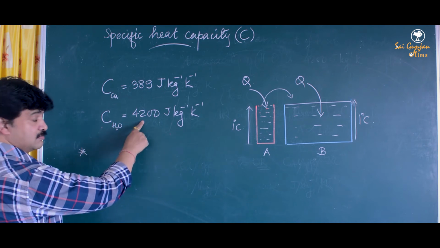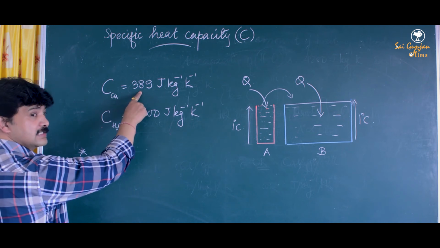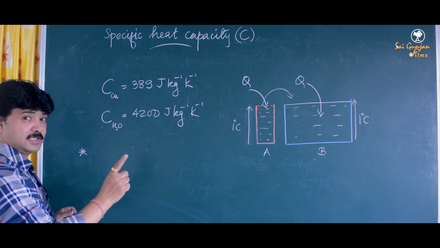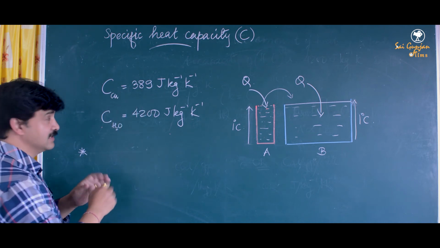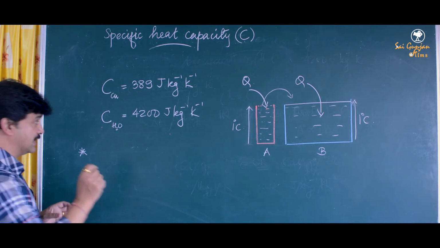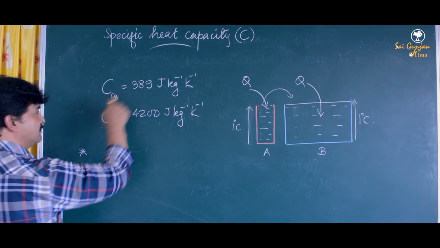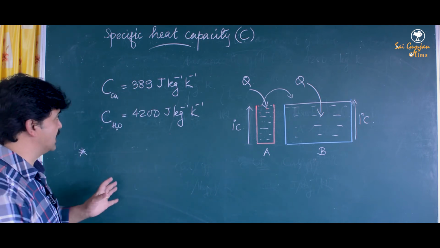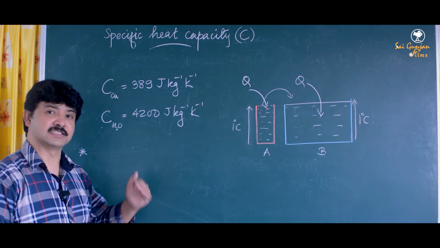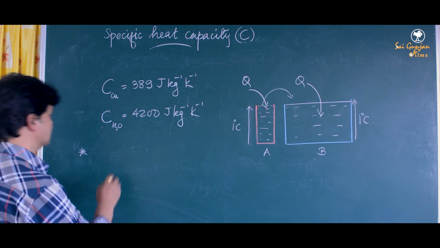Its specific heat capacity is more, whereas copper's is less. So what do you have to understand regarding this? The more the specific heat capacity, the worse the substance conducts heat, and a lesser value of specific heat capacity means that substance is a good conductor of heat.